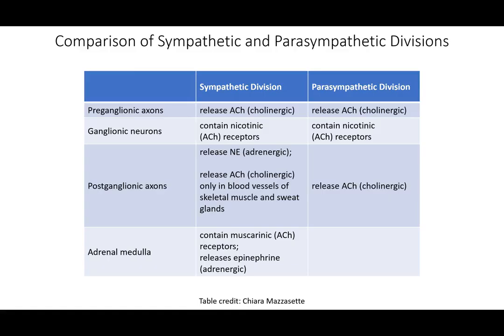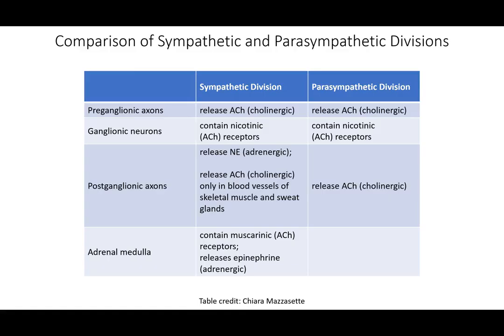But the postganglionic axons are where we start to see some differences. So within the sympathetic division, we again get the release of norepinephrine. This is an adrenergic type, and they can also release acetylcholine, that cholinergic, but only in blood vessels of skeletal muscles and sweat glands with that acetylcholine.